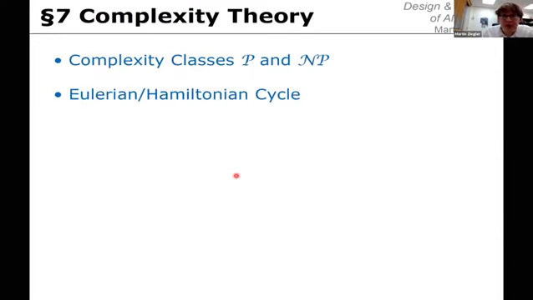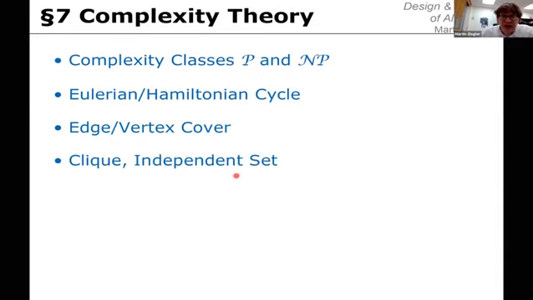We talk about certain decision problems on graphs: the Eulerian cycle problem and the Hamiltonian cycle problem. Another pair of decision problems on graphs is the edge cover versus the vertex cover problem. And we talk about another pair of problems over graphs, the clique problem and the independent set problem.